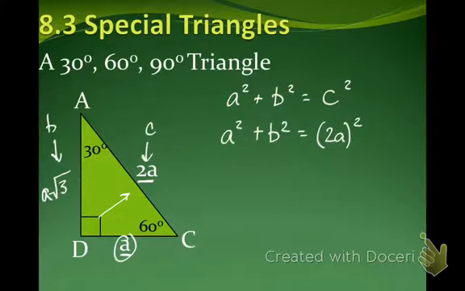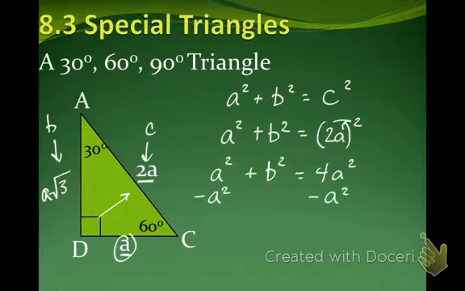All right, so now I have some simplifying to do over here. So this is going to end up being 4A squared. Over here, I've got a squared plus b squared. I'm going to subtract a squared from both sides because I want to get b alone so I can solve for it. And when I take a squared away from 4a squared, I just end up with 3a squared.